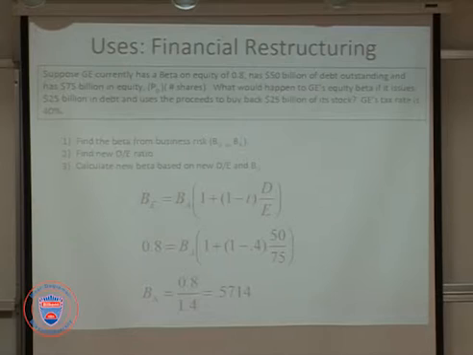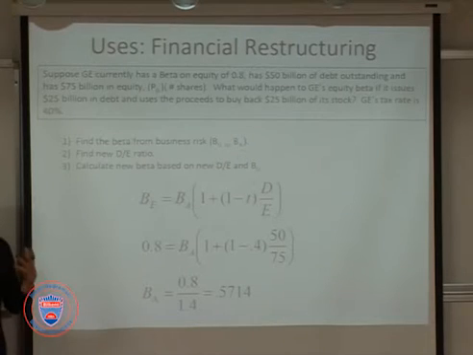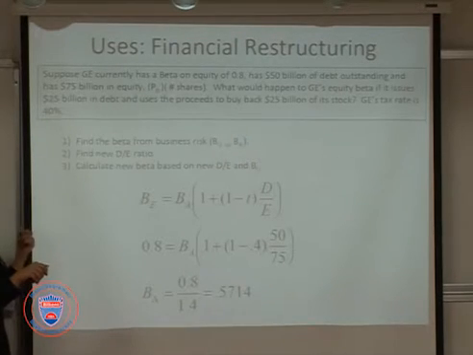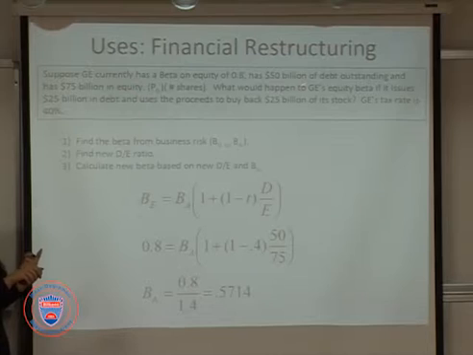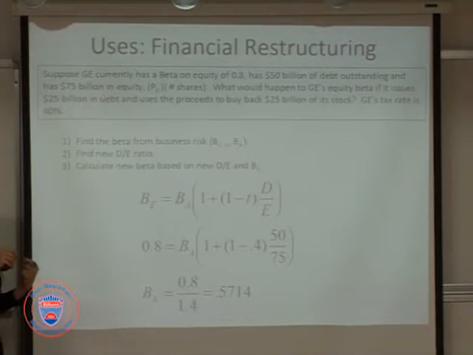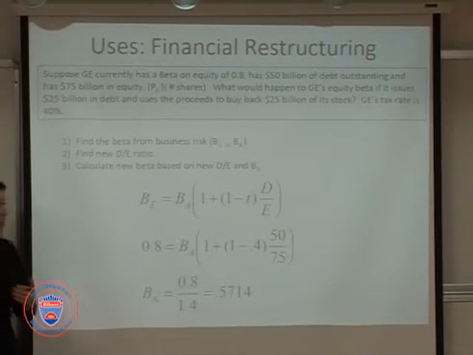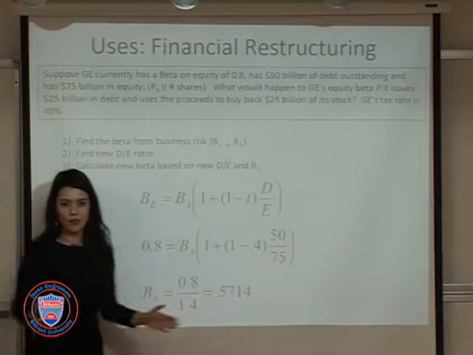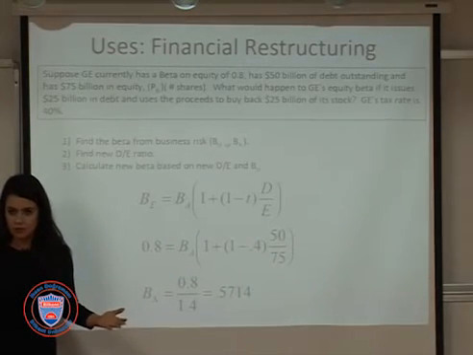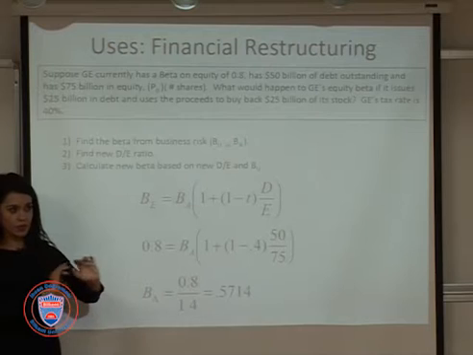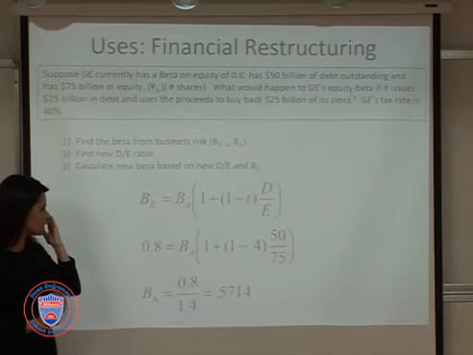So what am I going to do first? What is the debt to equity ratio? This company has 50 billion in debt and 75 billion in equity, so the debt to equity ratio will be 50 over 75. This is the old debt to equity structure.